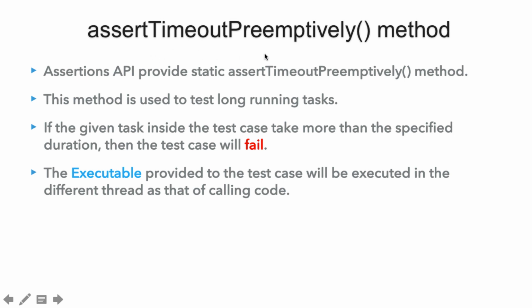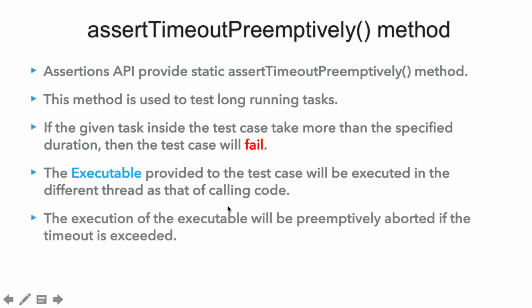But in the assertTimeoutPreemptively method, the executable provided to the test case will be executed in a different thread from that of the calling code. Since the executable is running in a different thread, it gives an advantage: if the executable reaches the timeout which we have provided, the test case is preemptively aborted.